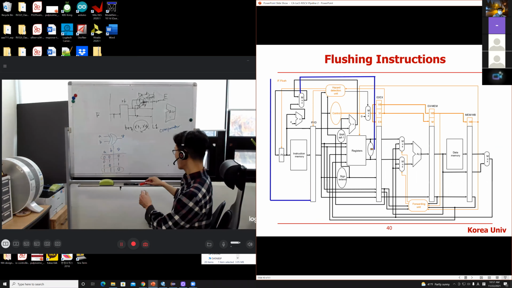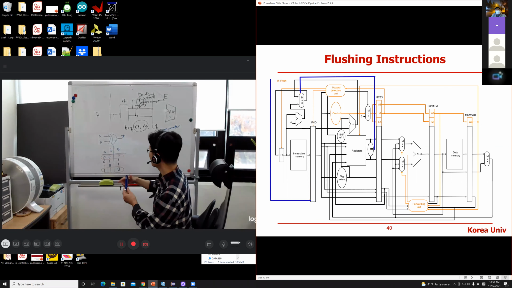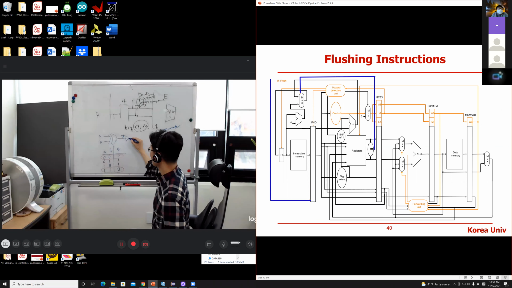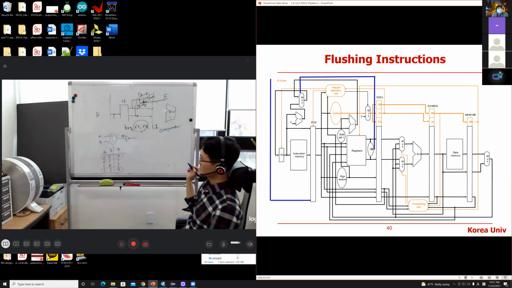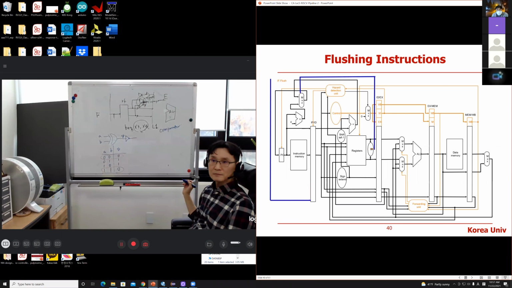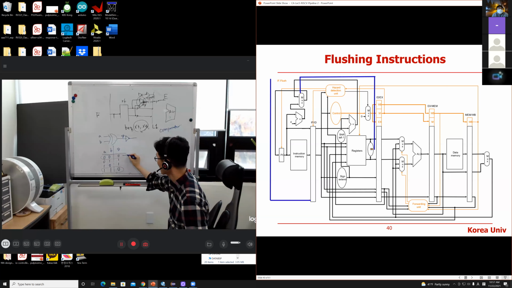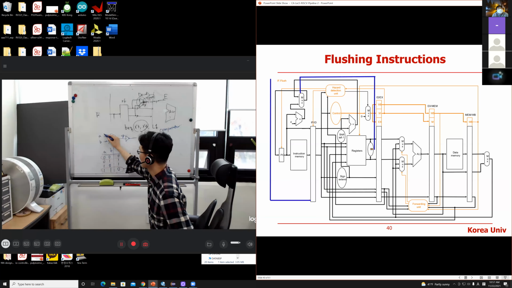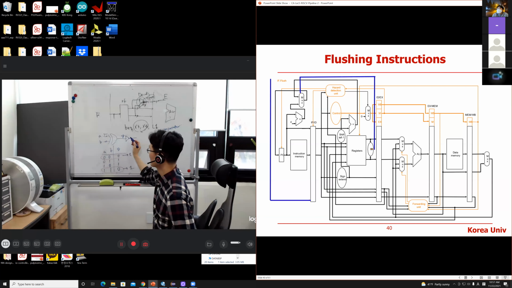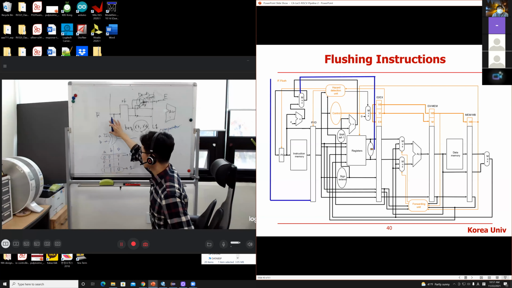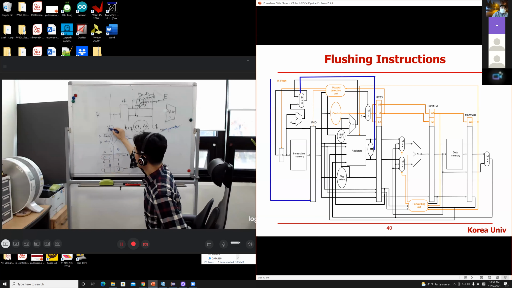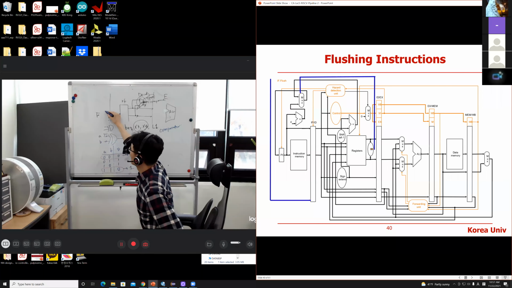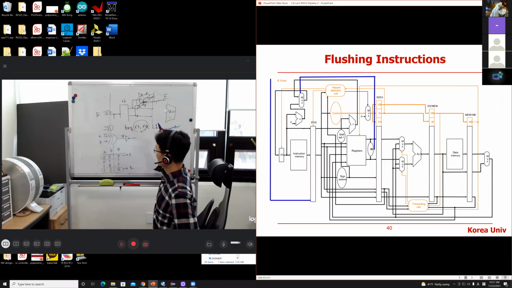So you can add an inverter here to make it 1. So inverter, and then you have 32, 32 XOR gates.